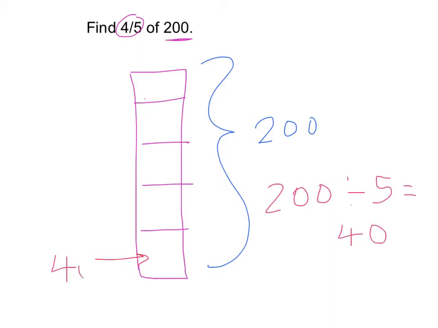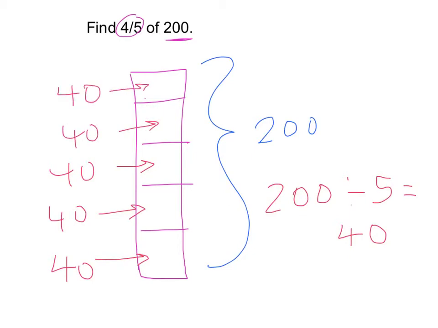Each one of these is 40, because they're all the same amount of space, which is so fantastic about fractions. Now 4 groups of 40 would be 160, so you could say it's $160.